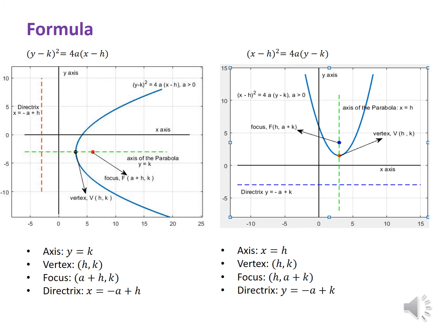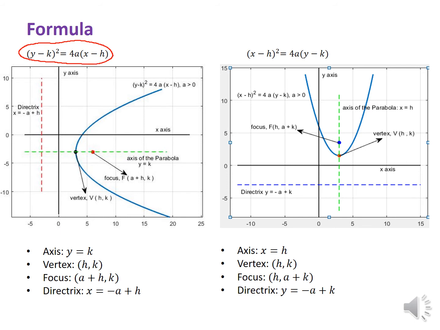Now we have some formulas to find the axis, vertex, focus and directrix of a parabola. We will use formulas for two different types of equation. Look here, we have one equation: y minus k whole square is equal to 4a into x minus h. This is one type of equation.